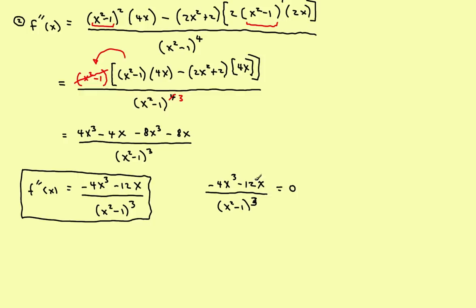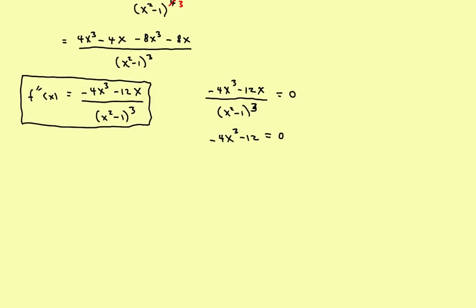Now, just from your work on fractions, the only way a fraction can be equal to 0 is if the numerator is equal to 0. So you can forget about the denominator and just set the numerator equal to 0. So I've got 4x cubed minus 12x is equal to 0. Again, the only way a fraction can be equal to 0 is if the numerator is equal to 0.